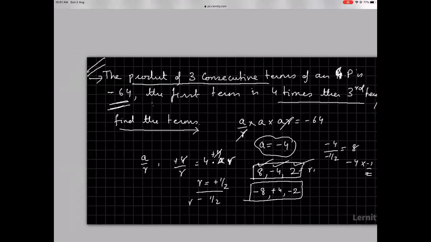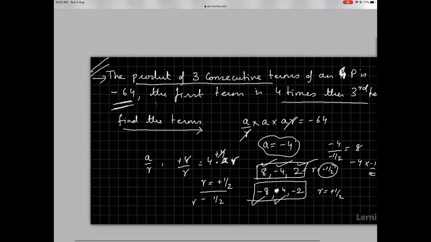If R is equal to +½, then this is -8, this is -4, and this will become -2. Okay. So the answer is 8, -4, 2 and -8, -4, -2.